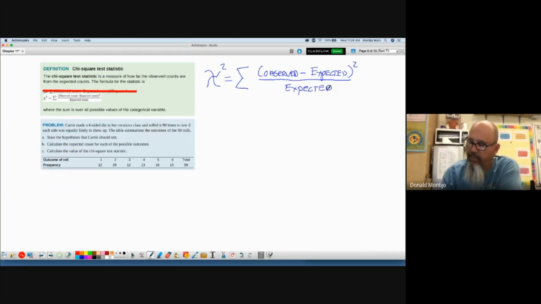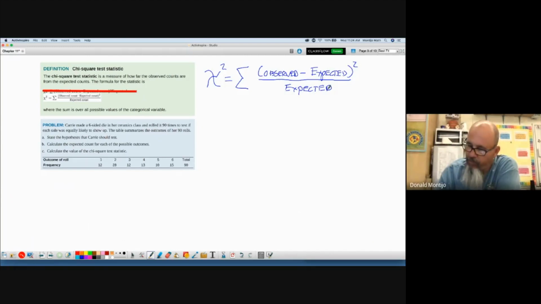What is this summation? It means do it for every single point that we have there. So we need to do the observed minus expected for each and every color of M&Ms that we did earlier.